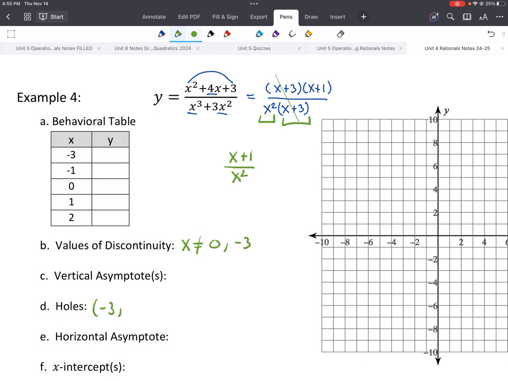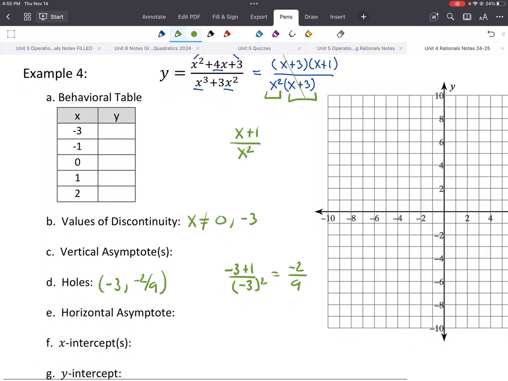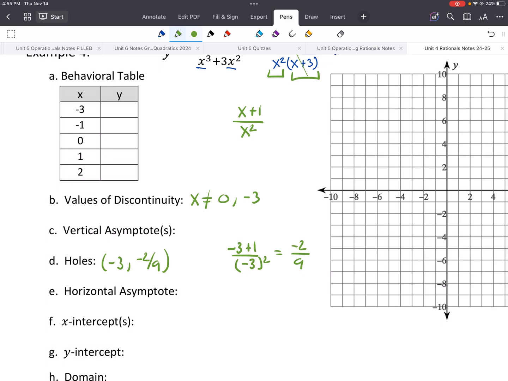So for this hole, we would plug in negative 3 plus 1 over, again, make sure you use parentheses, negative 3 squared. So that would be negative 2 over 9. So negative 2 ninths, and that's about negative 0.2. Okay, that means if negative 3 is our hole, then the 0 is our vertical asymptote.